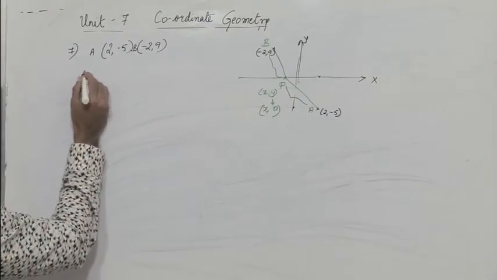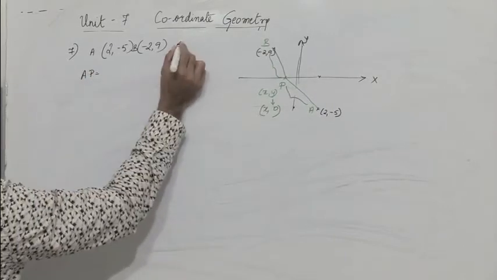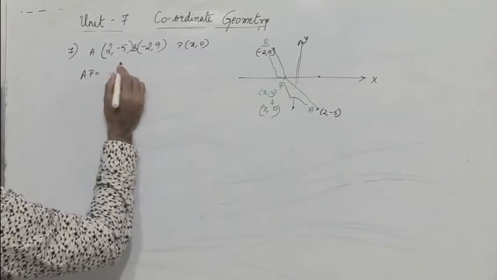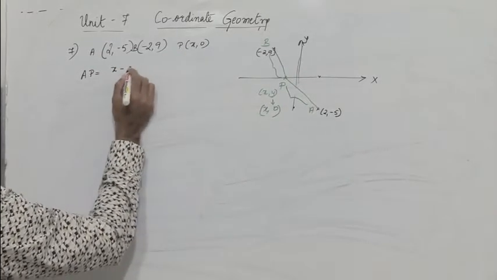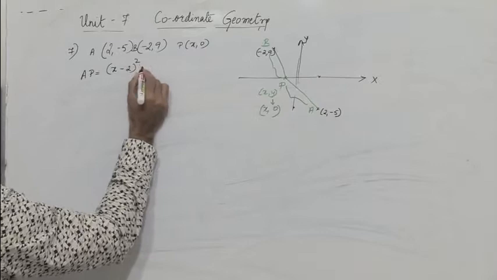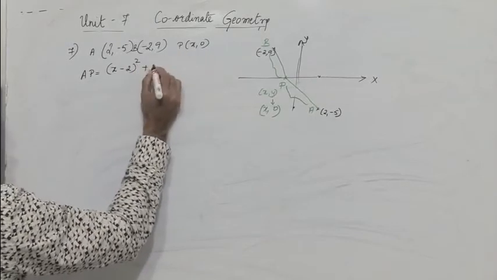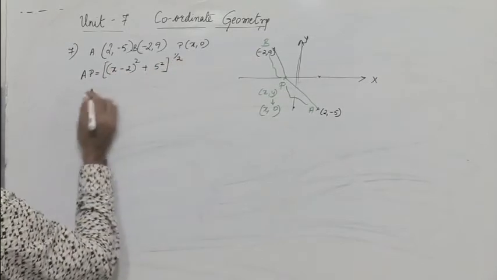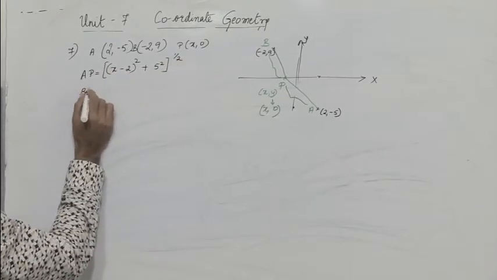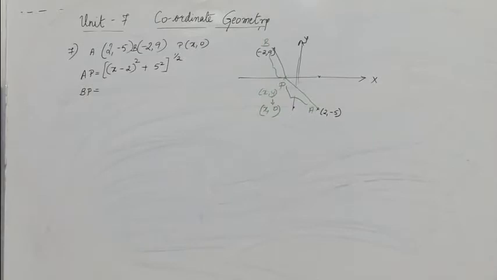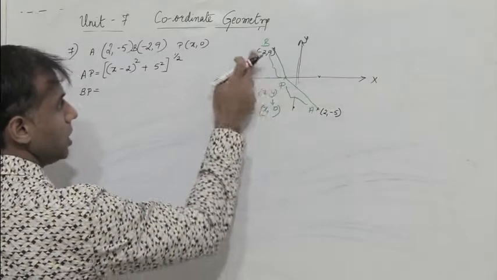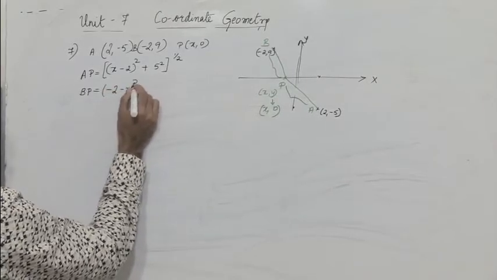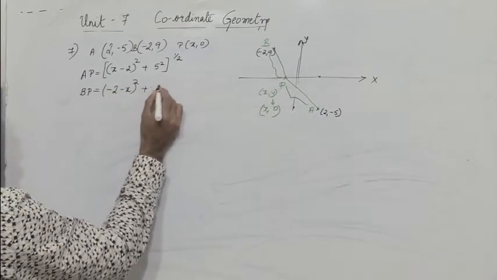So let's find AP, where P is (x, 0). AP is the square root of (x minus 2) the whole square plus (0 minus of minus 5) square. And BP is the square root of (-2 minus x) the whole square plus 9 square.